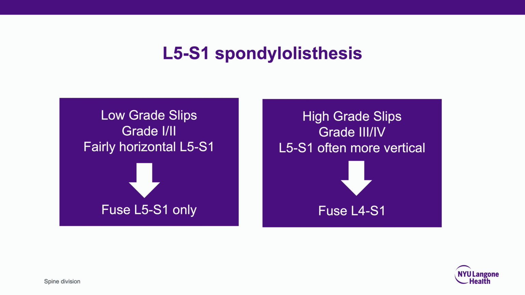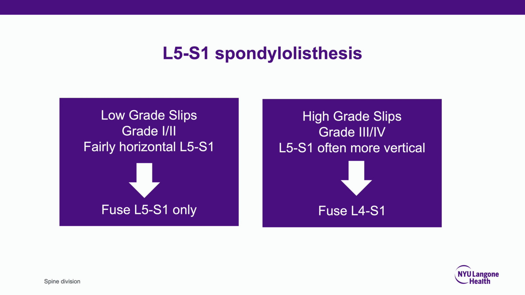When we talk about what type of fusion we need and how many levels, usually for low-grade slip, grade 1 and 2, with a fairly horizontal L5-S1, horizontal meaning the sacral slope is relatively low, there will not be a lot of shear forces on our instrumentation, and shear forces are bad for spinal instrumentation.